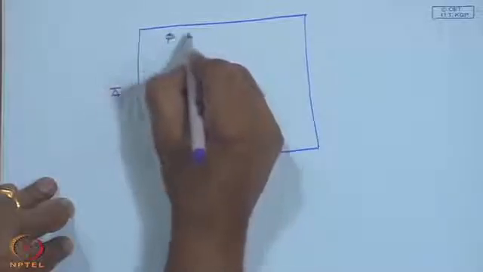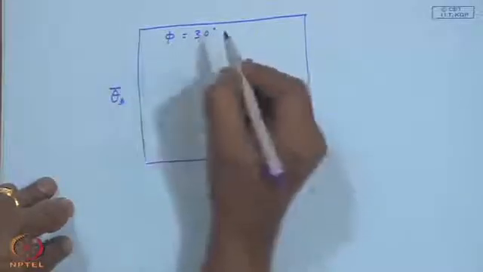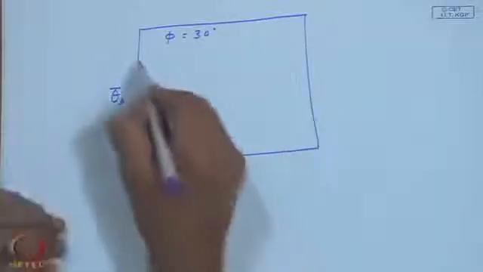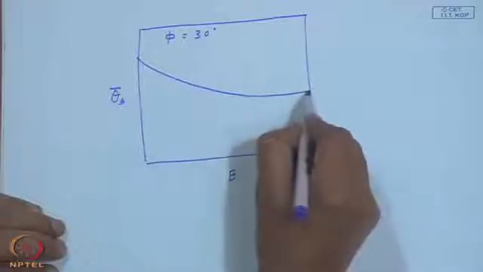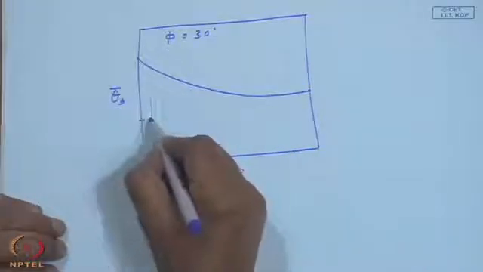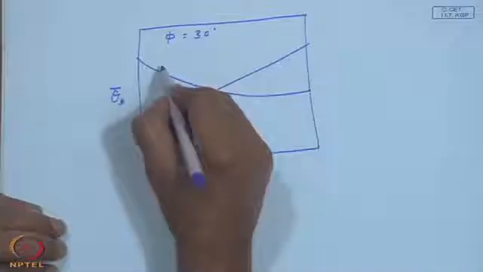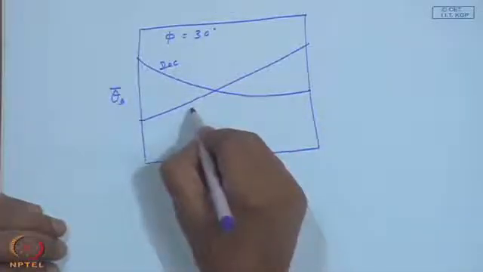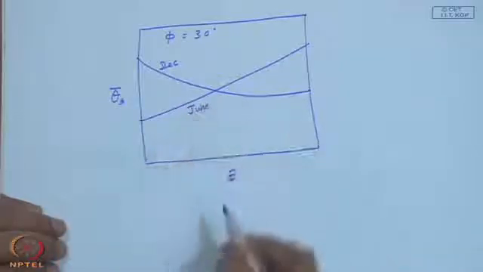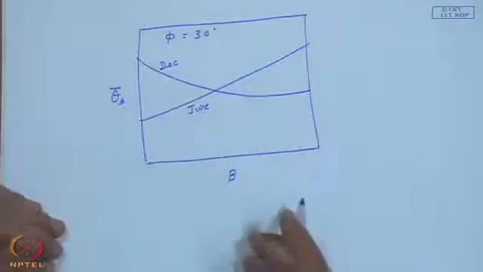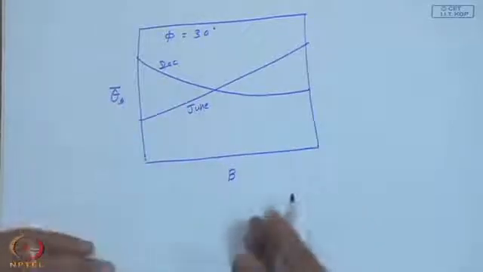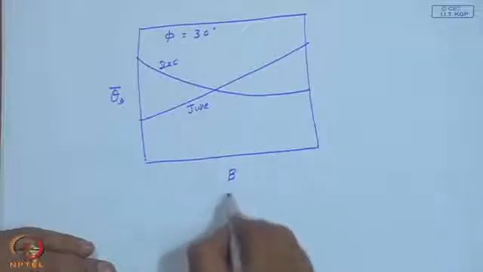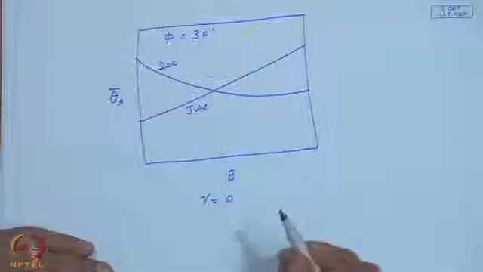This is for latitude of, let us say, 30 degrees, and you may have this is for December, this is for June. So, in between November etcetera, depending upon the decreasing order of magnitude of declination, they will be appearing, and this is for gamma equal to 0.